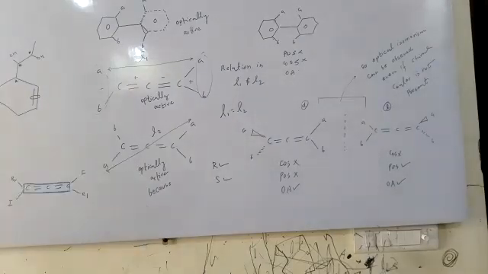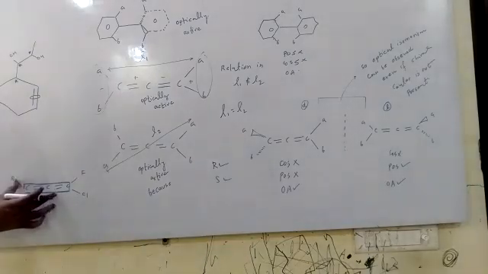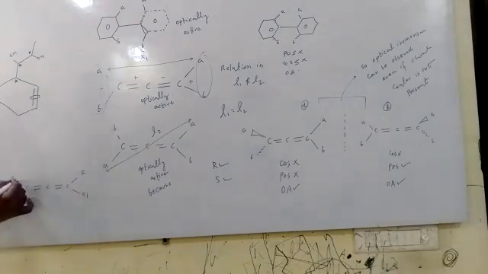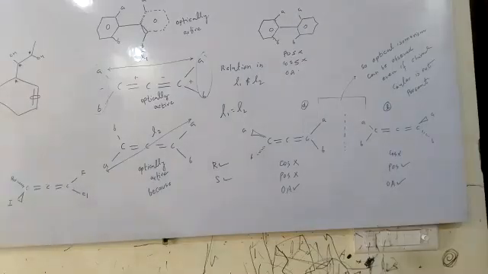So if this is R, then its mirror image will be S. Now, how will you calculate R and S of such molecules in which the chiral center is not given? Let's say this is the given instruction: F and Cl are in the plane of the board. Br is inside the plane and I is outside the plane.